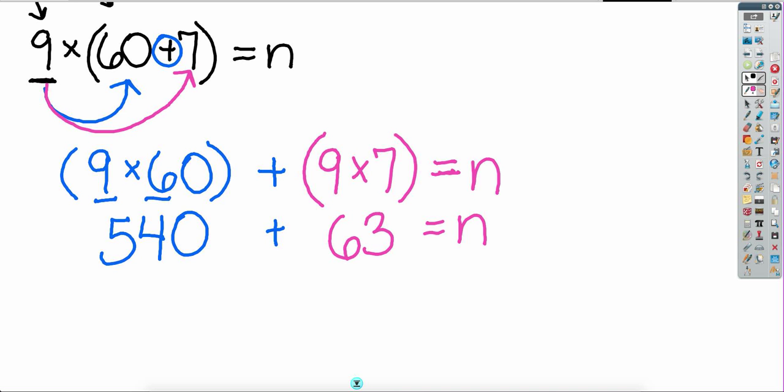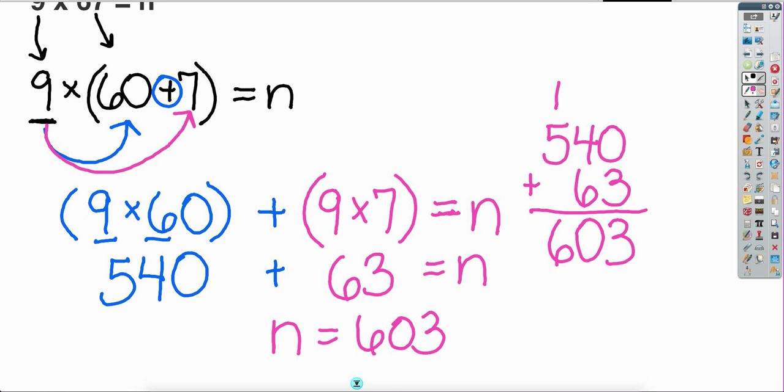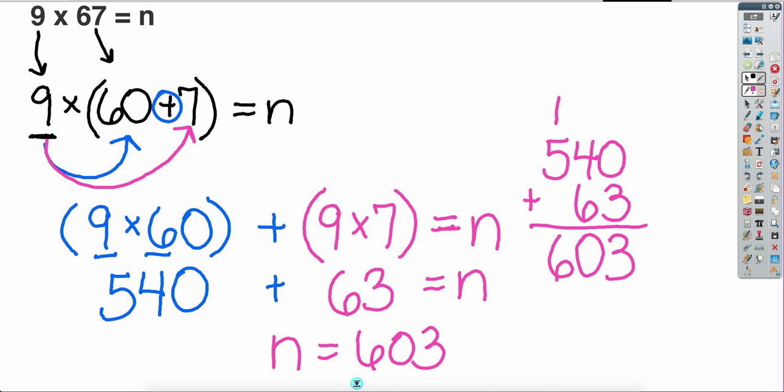So I would add 540 and 63 to get n equals 603. So that's my product. So 9 times 67 equals 603.